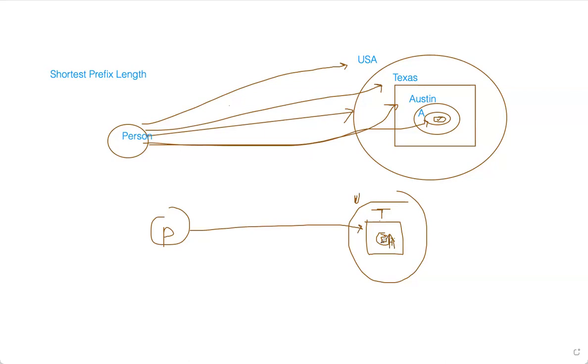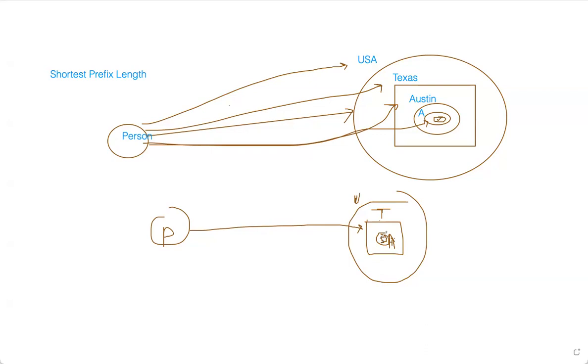So which one is better, guys? Knowing the street name and the door number is better, or knowing the city of Austin is better? Knowing the street name is better because we can identify that person easily.